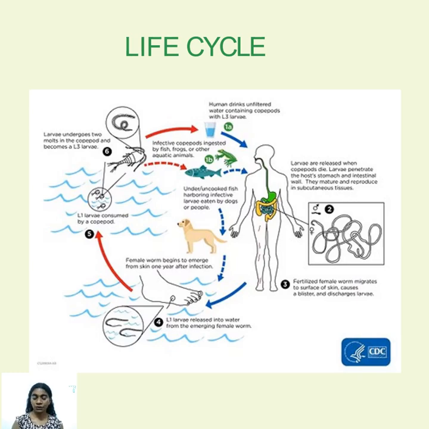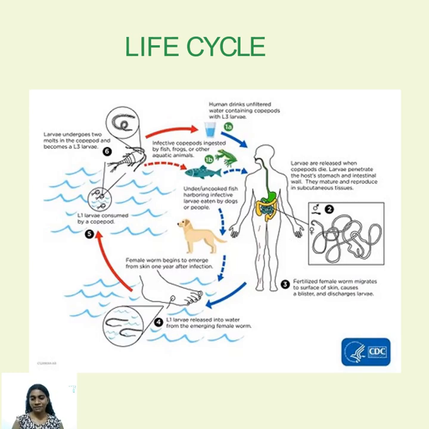And from there, copepods, which are already present in the water, consume this larva again, and eventually these copepods become infected. And once the copepods have been infected, other aquatic animals such as fish and frogs consume the copepods and they become infected.